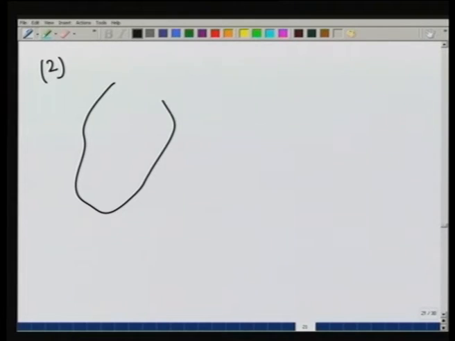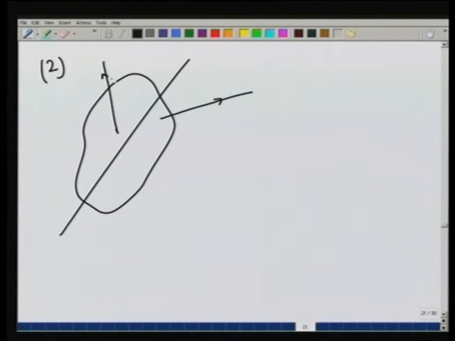Let us take a look at another situation in which the forces all intersect a particular line, no matter where they are applied, and let us call that line the z axis for convenience. That line can be arbitrarily chosen to be the z axis.